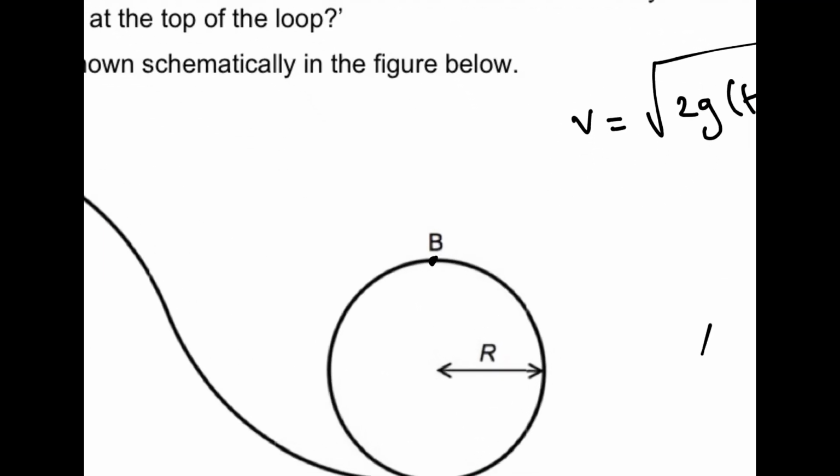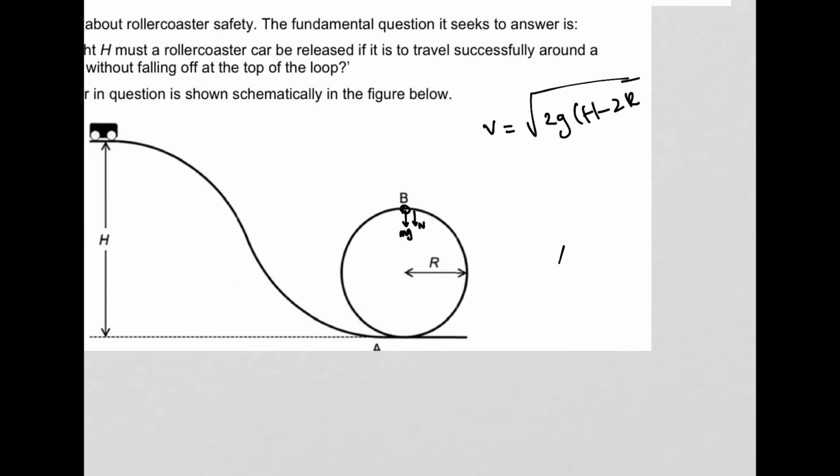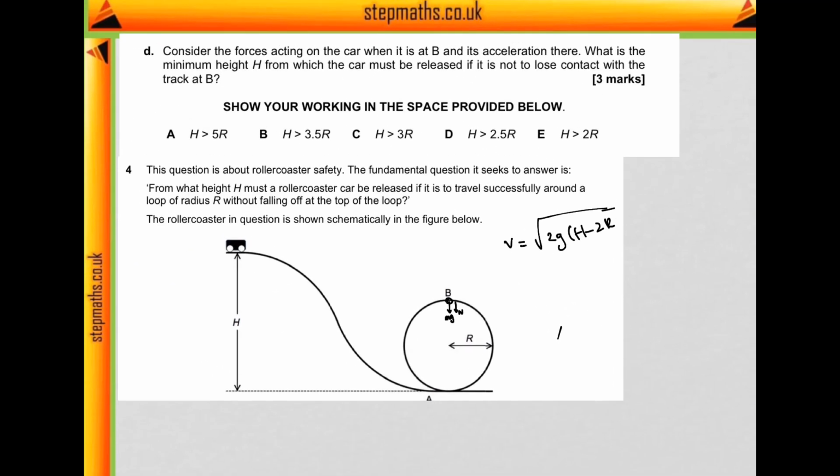So on the object here, there's going to be the weight mg, and there is also going to be the normal reaction here. From this, we can see that the resultant force towards the center of the circle is the normal reaction plus the weight. And we know that this must be equal to the centripetal force from the previous part, so that must be equal to m times the velocity squared divided by the radius of the circle.